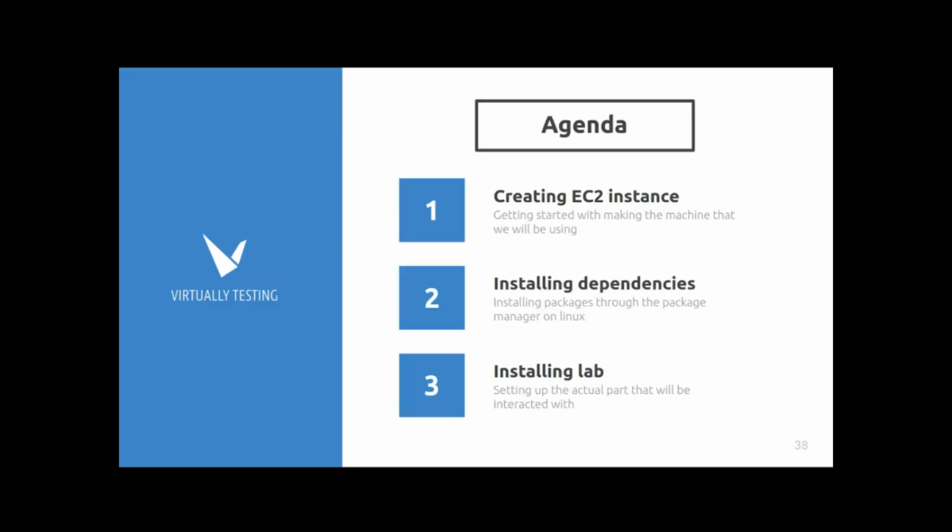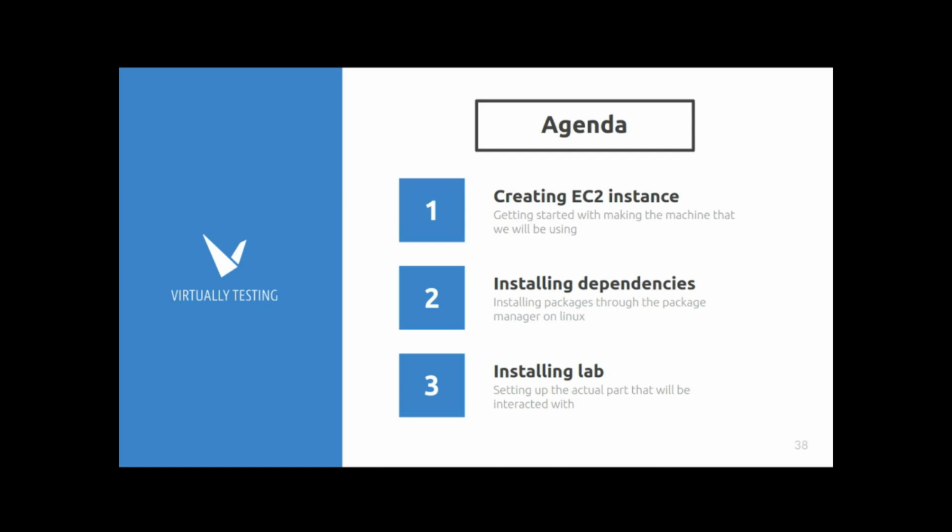So let's start off talking about the agenda. Big picture, this is a 3-part series. The first part was I created an EC2 through the Amazon dashboard. I SSH'd into that EC2 and obtained root.